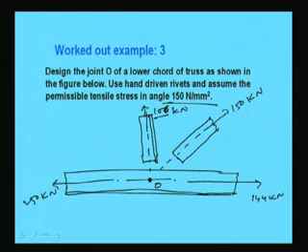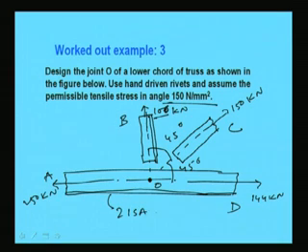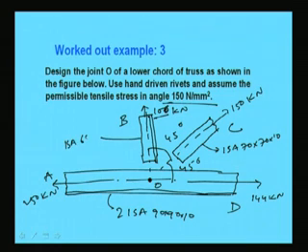So, this point, this member is OA, this member is say suppose OB, this member is OC and this member is OD, and this angle is say 45 degree, this angle is 45 degree, and the size of angle is, this is 2 ISA 90 90 10, and this member is consisting of one angle 70 by 70 by 10, and this is ISA 65 by 65 by 10.